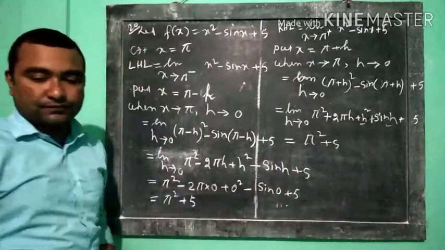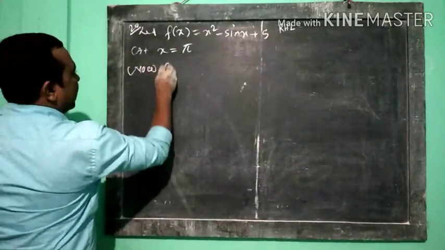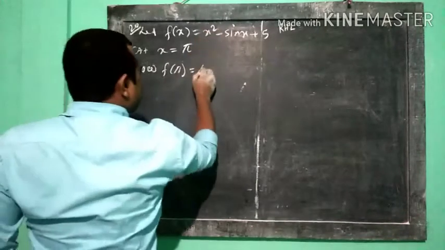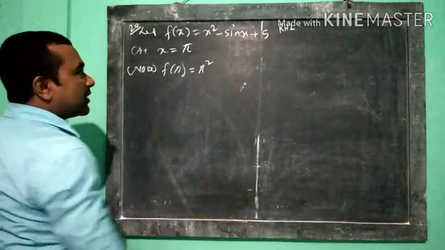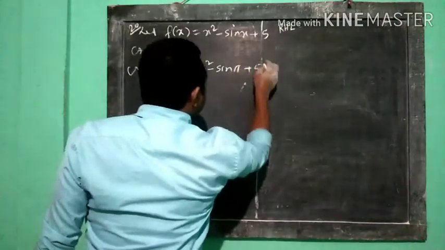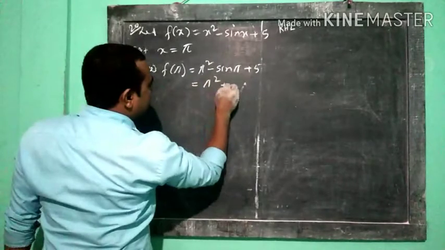Now f of pi: x is replaced by pi, so pi square minus sin pi plus 5. Sin pi is 0, so we get pi square plus 5.